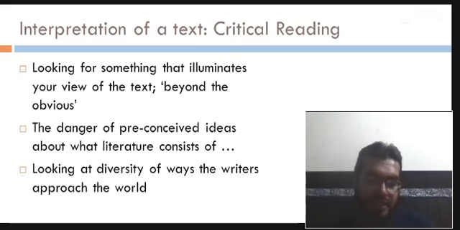So, mostly we focus on characters, themes, style and structure of the text. These four aspects are the four major pillars of any piece of literature.